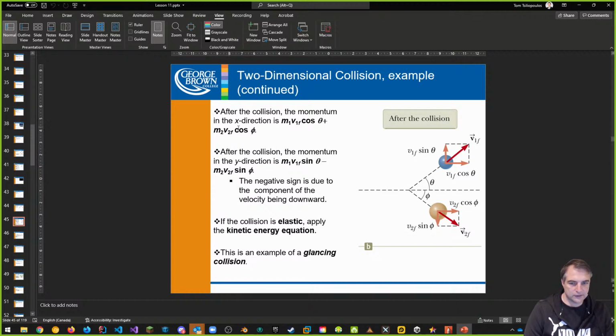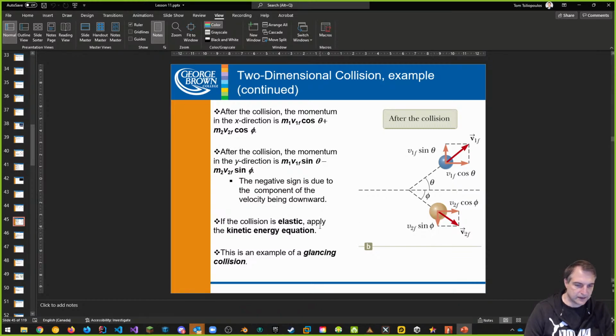And using these two different angles, we can figure out that it's going to combine those two things to go at an angle up here. After the collision, the momentum in the y direction is m1v1 sine theta minus m2v2 final sine phi, and this is negative due to the component of the velocity being downward. That's only because of the way this thing was drawn, okay?